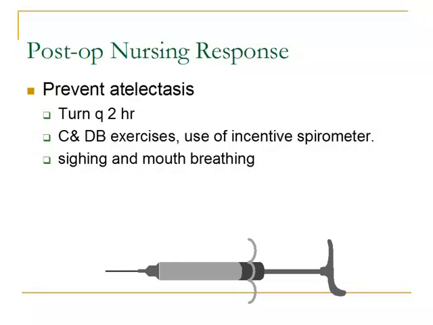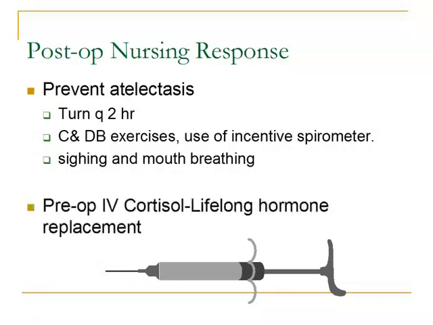Preoperatively, those patients would be given medications such as cortisol, and then postoperatively they're going to get lifelong hormone replacements of cortisol and any of the other hormones that they may be low on because of the tumor removal.